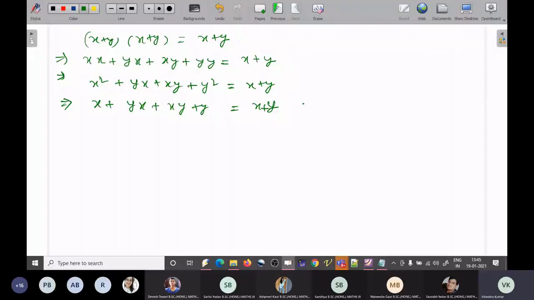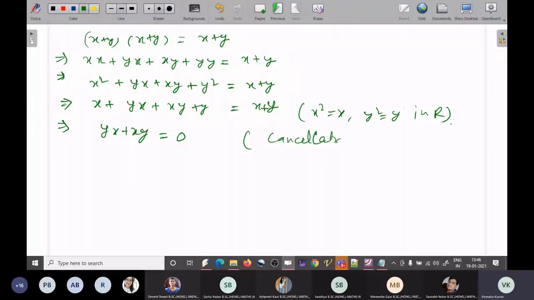Again we are using x square equals x and y square equals y in R, as given already. Then the cancellation law in the additive group we apply here, so yx plus xy equals 0. We are taking this from the cancellation law in R plus.